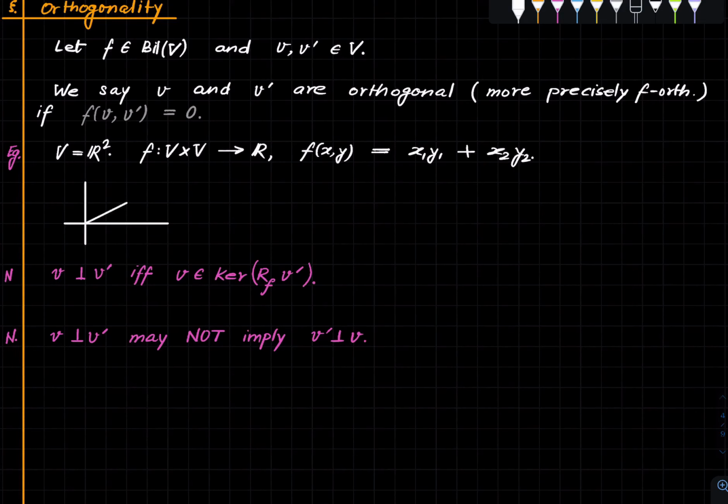you take this vector, call it V. Then you take anything on the line perpendicular to this line, and you will find that indeed those two vectors are orthogonal. Okay, I've called them x and y, so let's call this also x. If you take anything perpendicular to this line, you will see that f of those two vectors is 0.